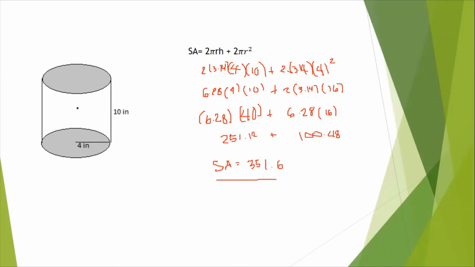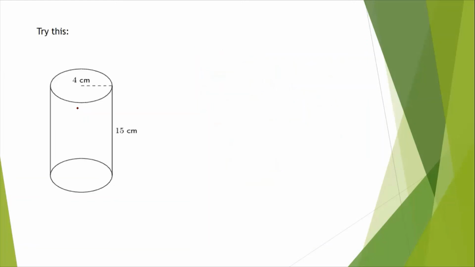Now this time, I know you can do this one. You're going to do this on your own. Try to answer and find the surface area of the cylinder. Okay, so for our try this, I want you to put your answer in the comment section below.